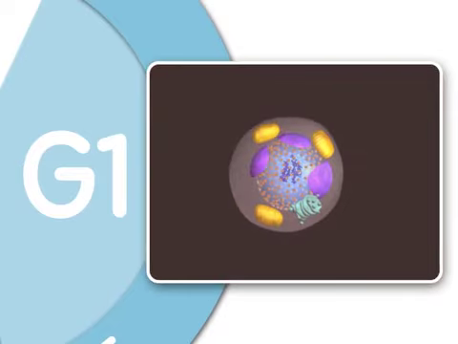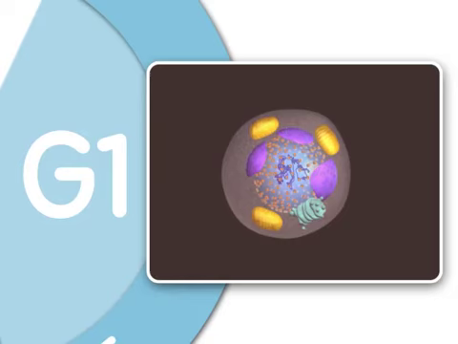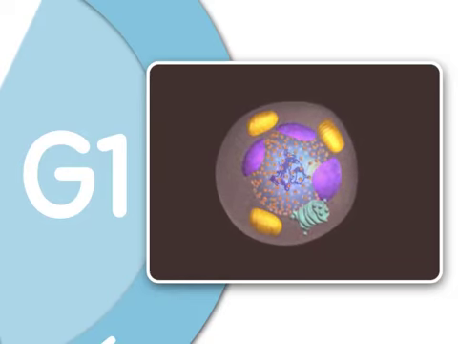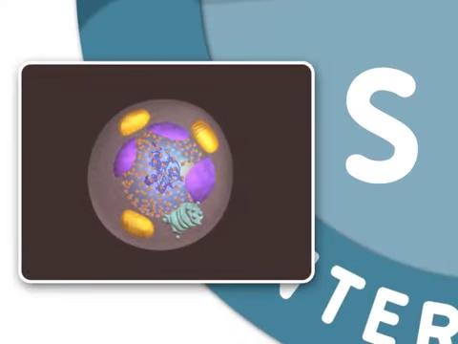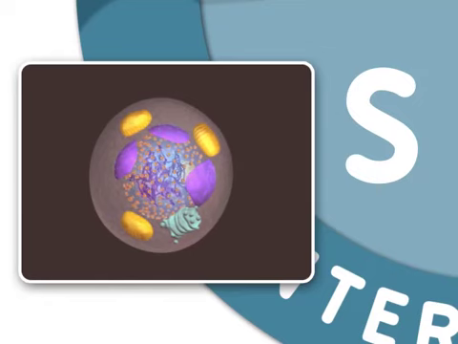G1, or GAP1, is the first growth stage of interphase. In G1, the cell grows to nearly its full size and performs many of its specific biochemical functions that aid the organism. Next is the S, or synthesis phase. This is an important stage because it is during the S phase that DNA in the nucleus is replicated.